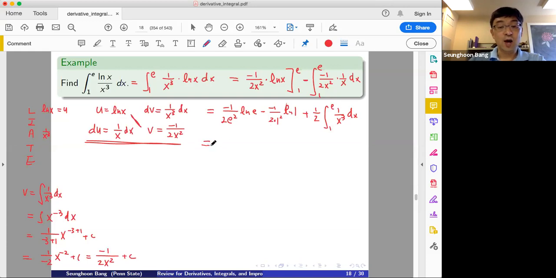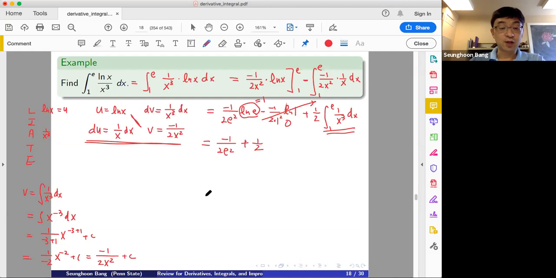You need to simplify this one. The ln of 1 is 0. What is ln of e? Could you write your answer on the chatting board? What is ln of e? Yes, ln of e is 1. So we have negative 1 over 2 times e squared. You can keep plus 1 half.